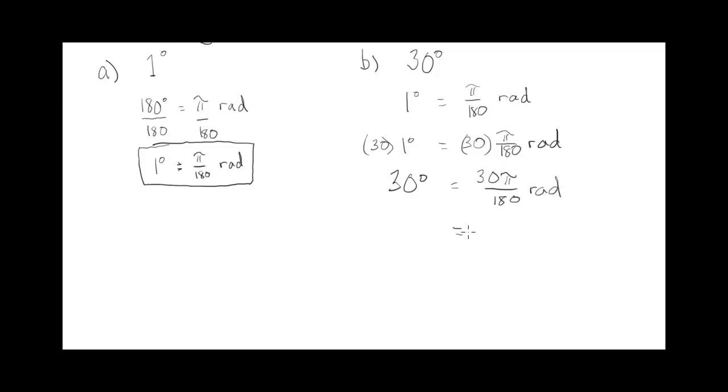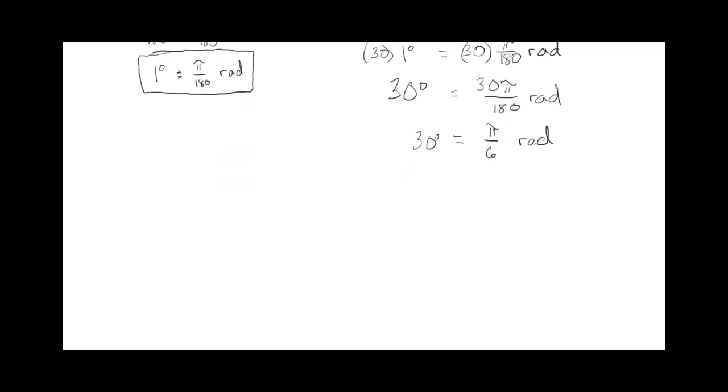And then you can just simplify this. 30 pi over 180 simplifies to pi over 6. So 30 degrees is equal to pi by 6 radians. This is one you're going to hopefully become very familiar with. It should make sense if you remember your special triangles. You know how important a 30-degree angle is.